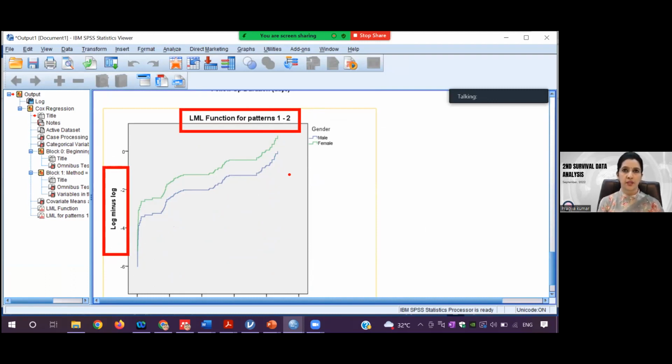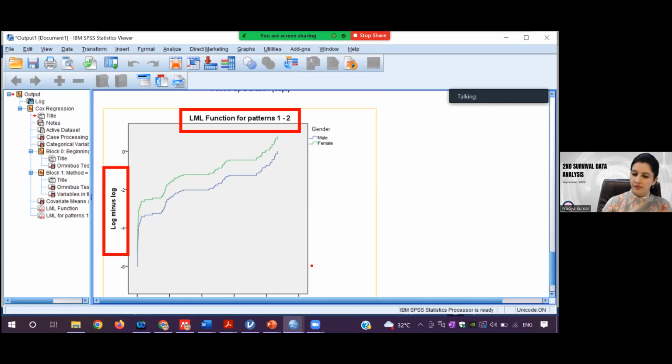Is this assumption met or not met? What is the opinion of the group? Met. Shivaji is writing met. Okay, Pragya is writing met. Manoranjan, Sinduri, all met. So if it is met, then I may keep gender in my adjusted model.